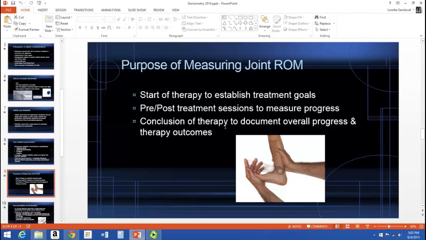What does that matter? Well, they've got 180 degrees of shoulder flexion so they can hang their coat up in their closet, or whatever they need to do functionally. So it's nice to link treatment goals and therapy outcomes to functional goals, because that's really the whole point of physical therapy. We want to help people improve their function.